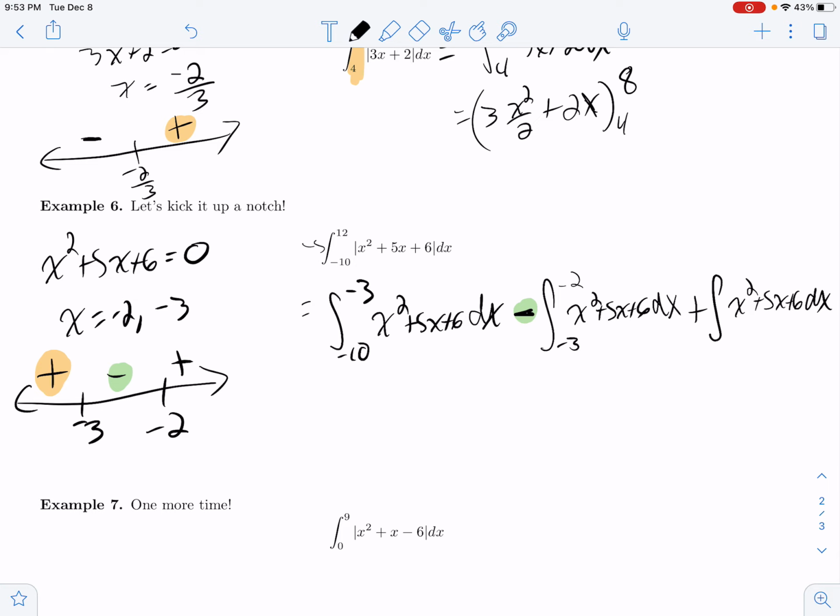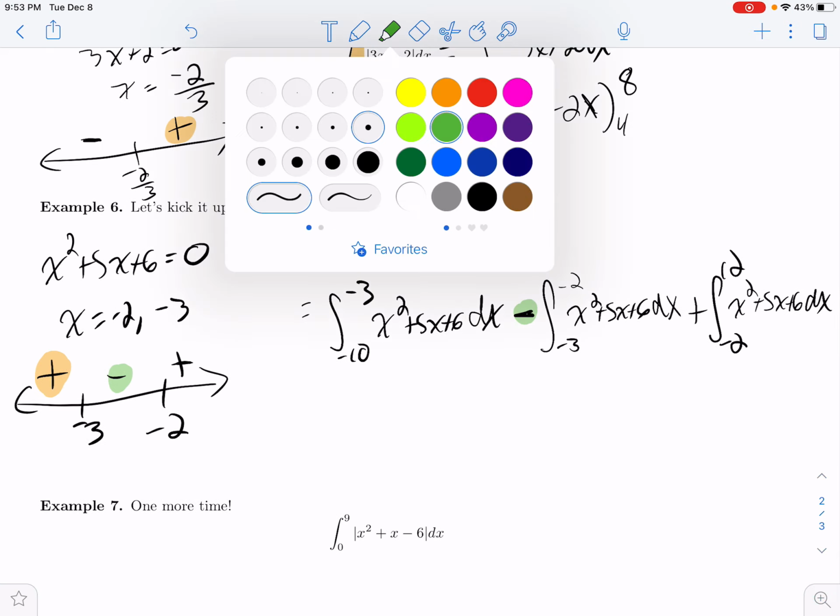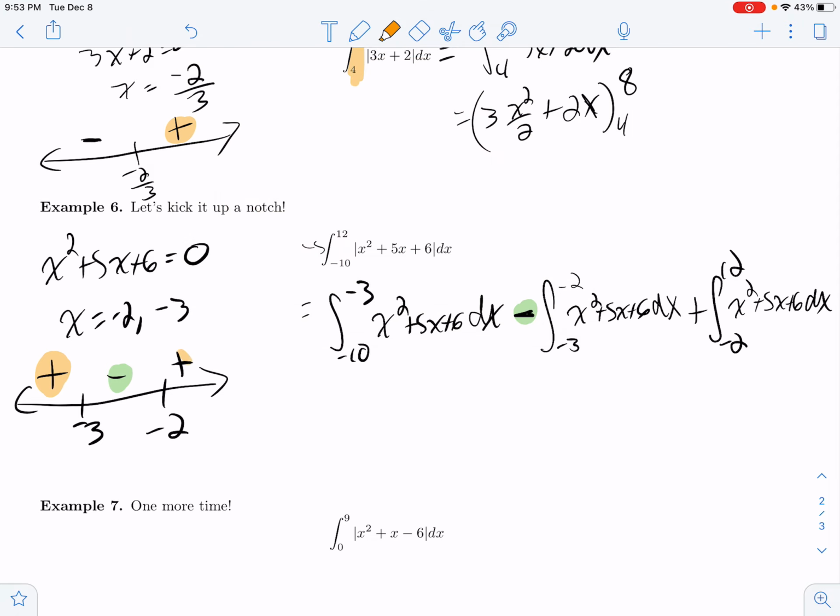And this guy's going to go from -2 to +12, and it's a plus sign because that guy's a plus sign. Okay, and I guess there's that little invisible plus out there. And you just calculate those three integrals, and then you're done.